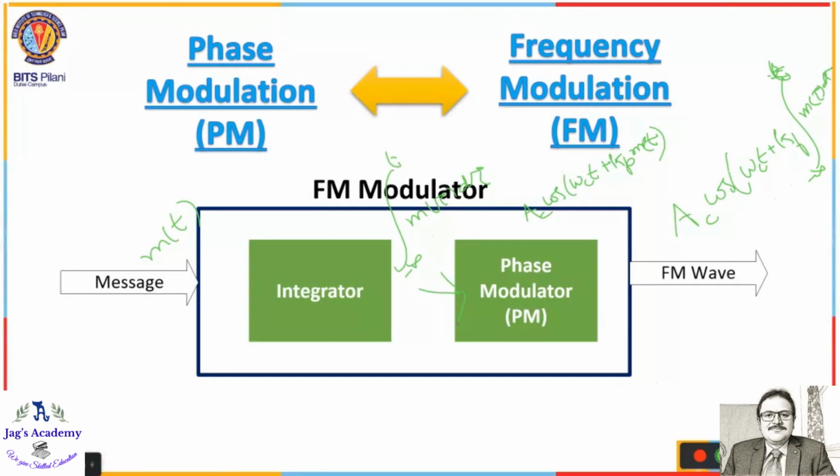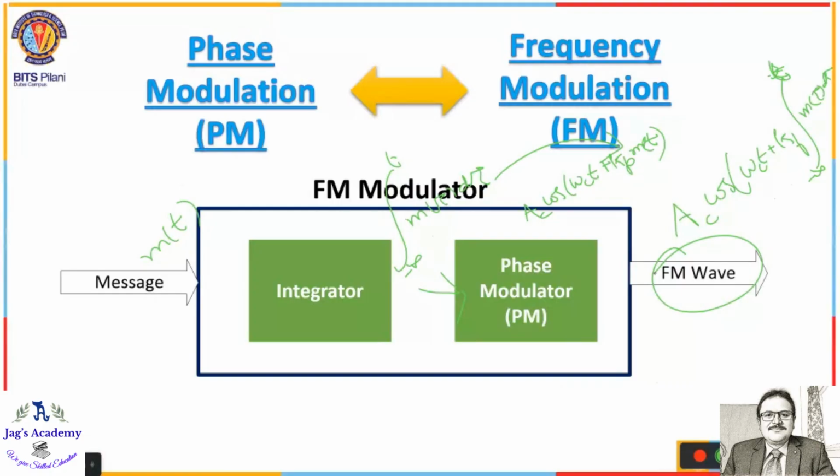When this is given as an input, what will happen? Your m of t will be replaced by this. When your m of t is replaced by this, can you tell me what you are going to get? FM wave. Now have you understood how to get FM wave from PM and PM wave from FM? This is the way you get it. Either use an integrator or a differentiator.